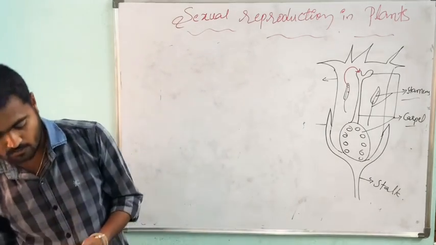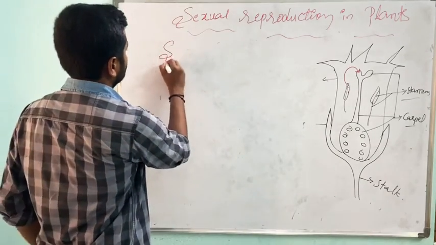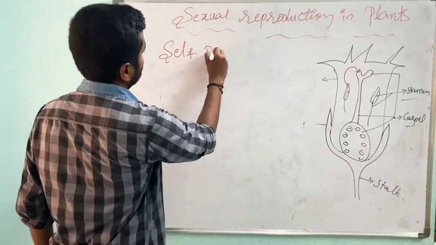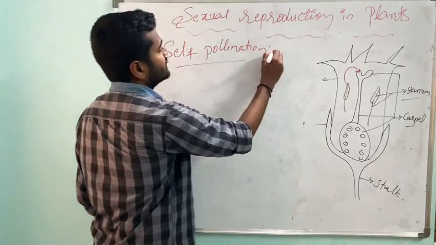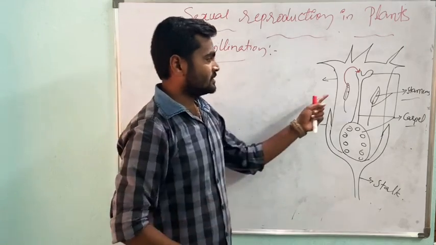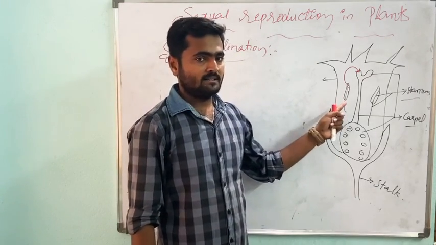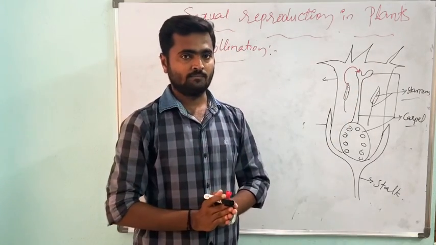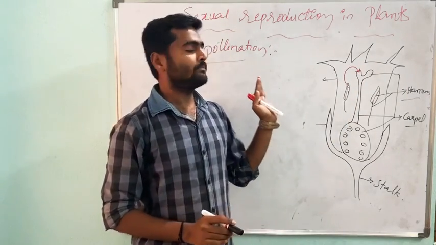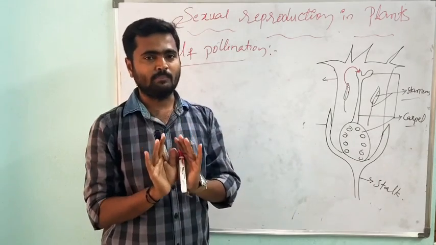Okay, what is self-pollination? Let's see. If the pollen grains of the anther or pollen sac reach the stigma of the same flower, that is called self-pollination in a simple way.